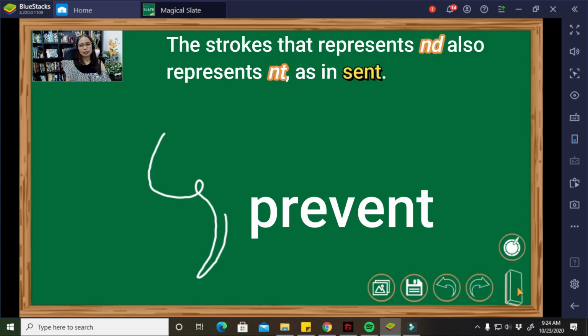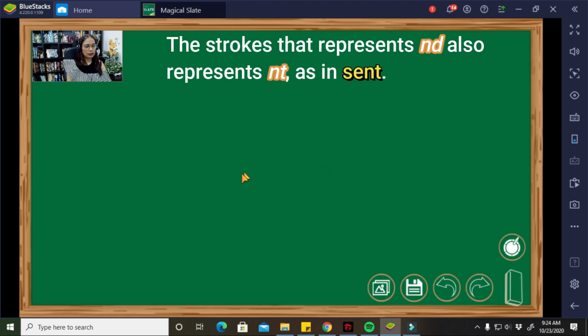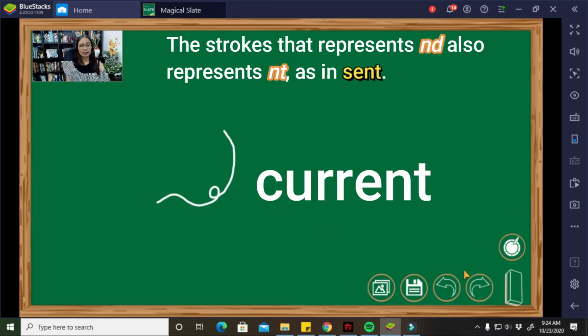Very good. So next example, let's try this one. A wave like there, and a small circle inside the curve, and a blending symbol there. So what is the word? Very good. So that is current.